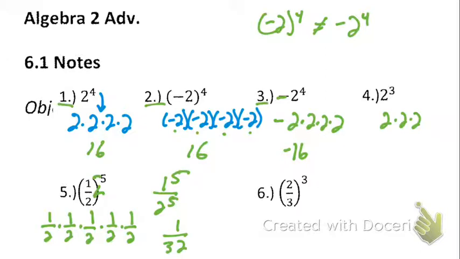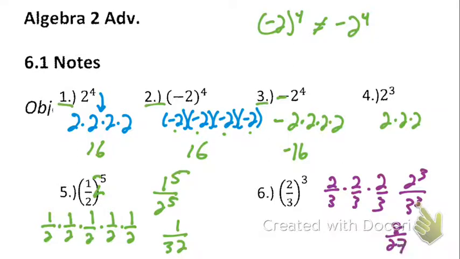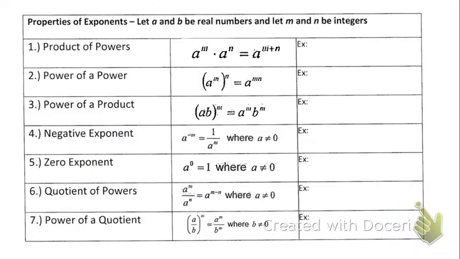Then, next up, I have 2/3 to the third power, which is 2/3 times 2/3 times 2/3. That means 2 to the third power over 3 to the third power, which is 8/27, if you will. Okay, so that takes us through the warm-ups, if you will.